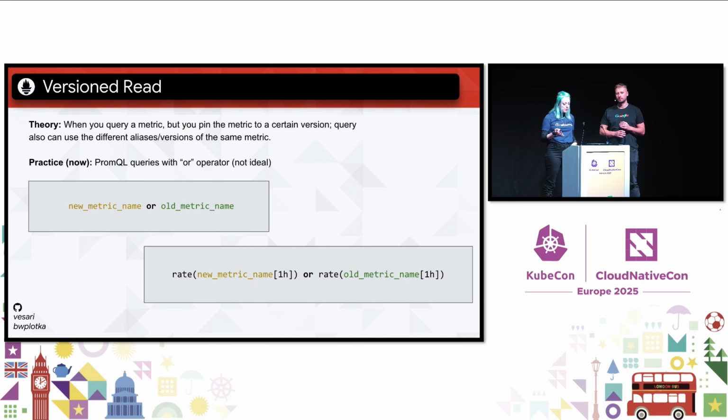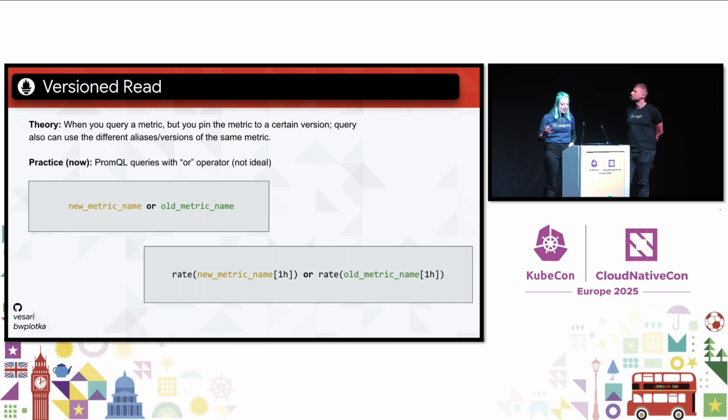So the last current strategy that we identified, and we categorized it under version read, is the practice in which you pin a metric to a certain version when you query it. So in Prometheus, this would correspond, for example, to making queries using the OR operator, as illustrated. This is not super recommended, of course.